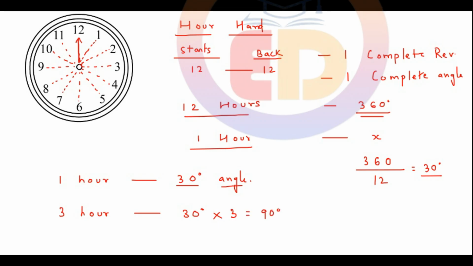So now we understand that the hour hand in 1 hour makes a 30 degree angle.